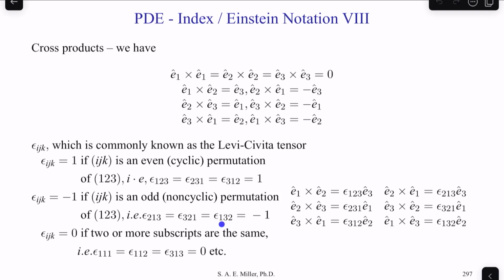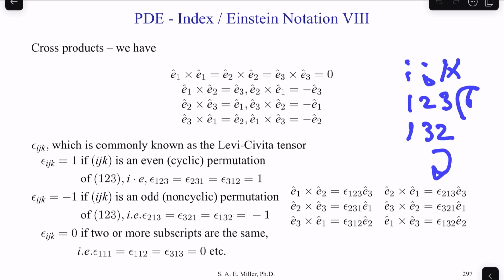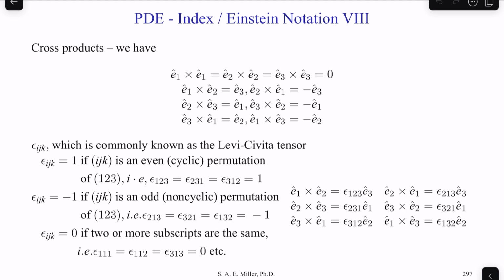That is, if we're going from, say, 1 to 3, we're skipping something. That will get a negative 1. So that's the anti-cyclic behavior. So think of i, j, k as 1, 2, 3, or something like this. If we get 1, 3, 2, that's anticyclic, and this one's cyclic. You can see the pattern.